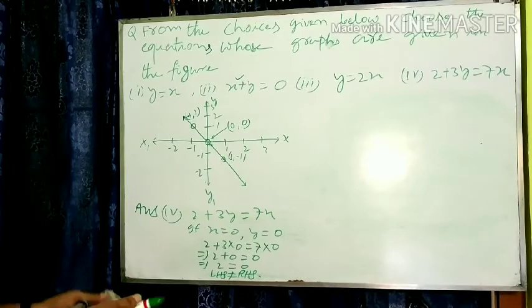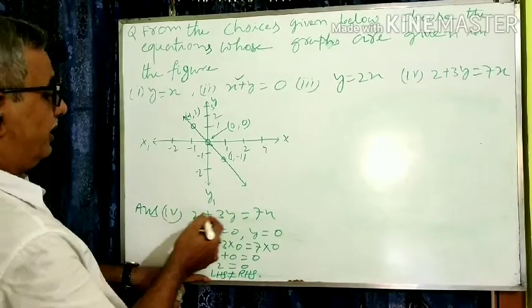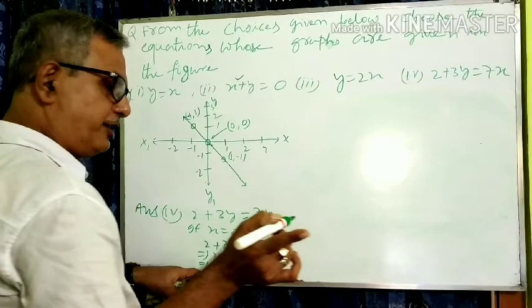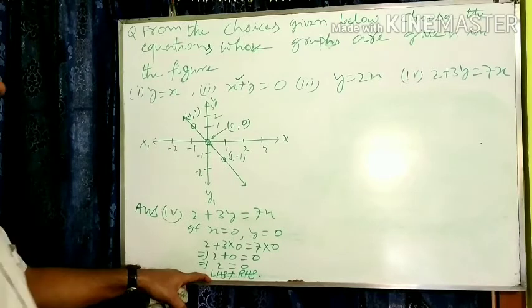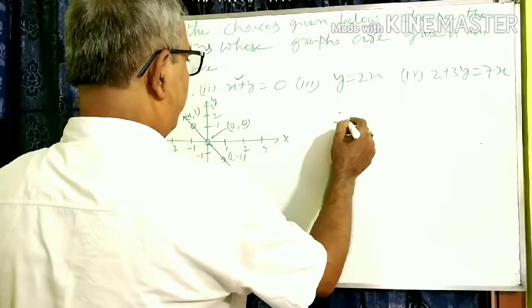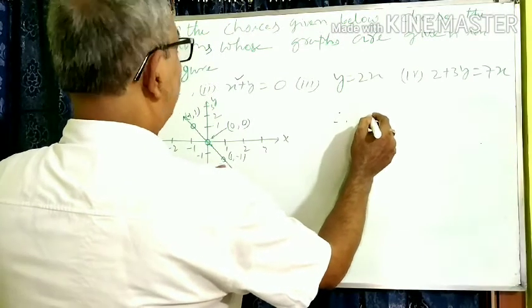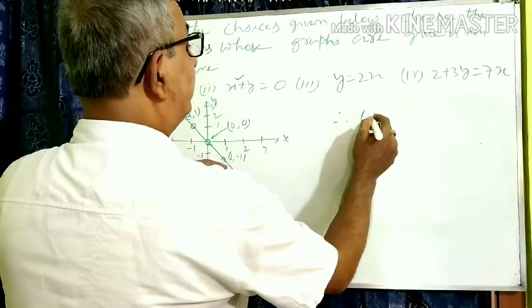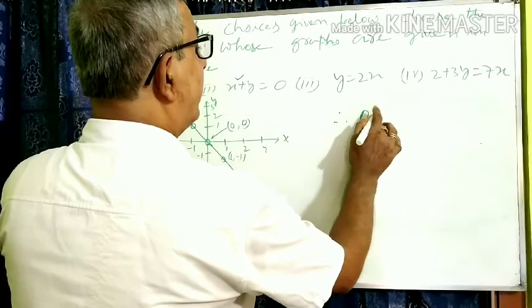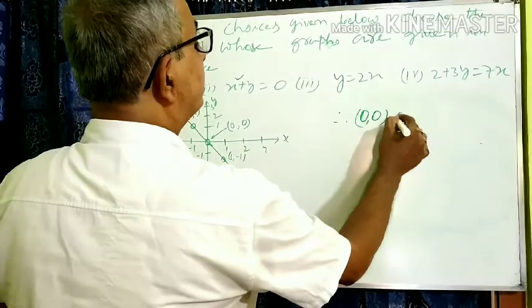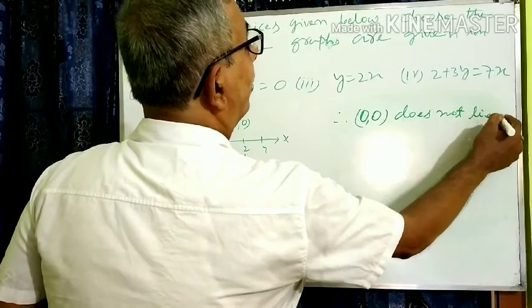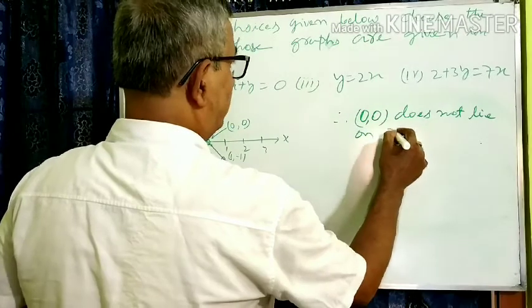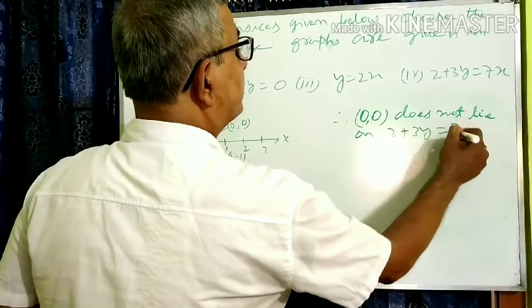Now you see, that means second one no need of checking. I told you in the first case itself you are getting LHS not equal to RHS, then no need of checking the another. You take therefore 0 does not lie on 2 plus 3y is equal to 7x.